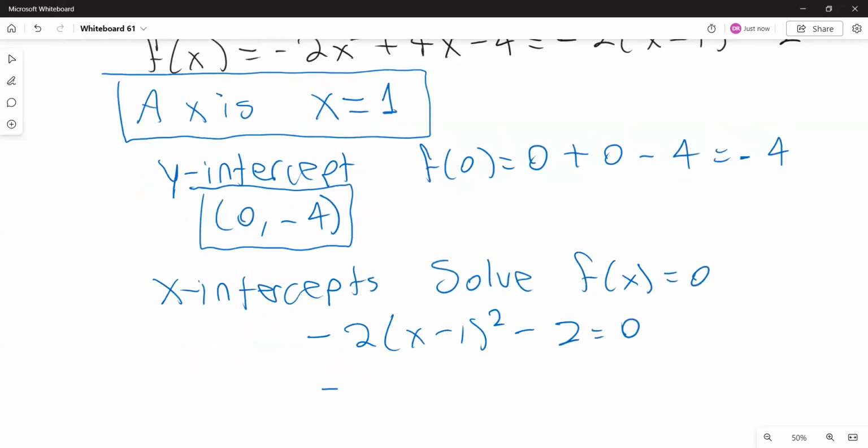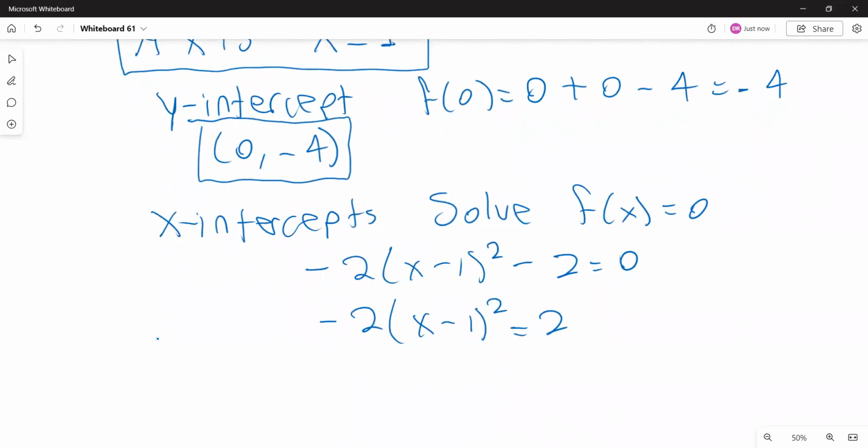Or the opposite of 2 times x minus 1 squared equals 2. Divide by -2, and x minus 1 squared is -1.